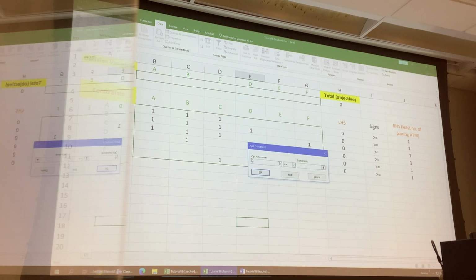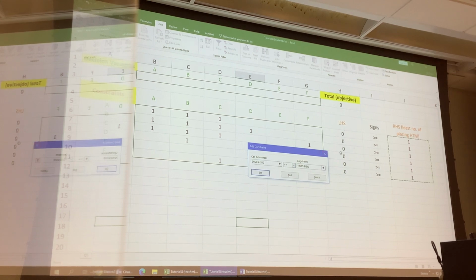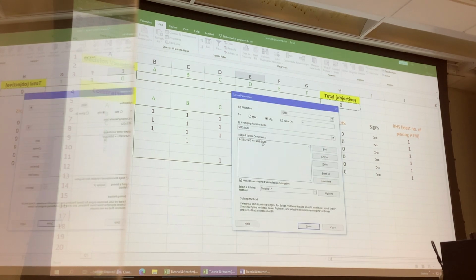Left hand side meaning the cell reference here, H5 to H10. Constraint, that is right hand side, J5 to J10, bigger or equal to, right? So we can easily group them together. And we click OK. That is the first constraint, because we have grouped all the first 6 constraints together. Okay?